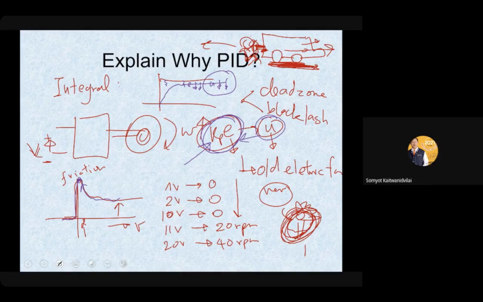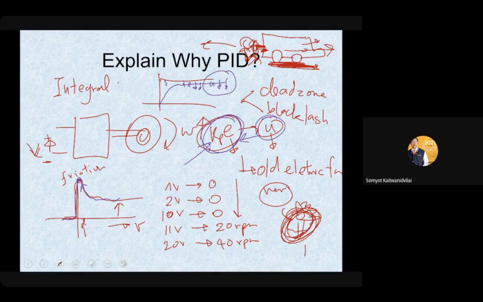So one idea is that if you have error for a time, that means you are dealing with friction like this. You integrate the error here. For example, if the error is 0.1 meter, the next feedback is 0.2, it is the cumulative error. If this cumulative error is more than the friction, it will compensate. This one goes here.